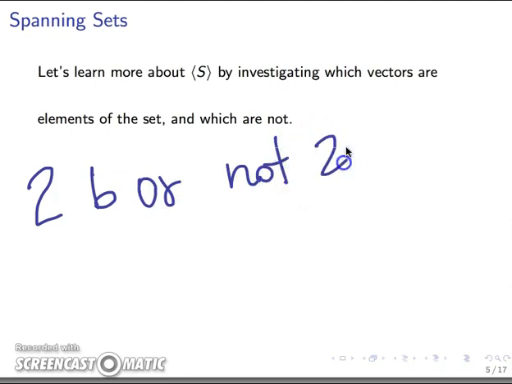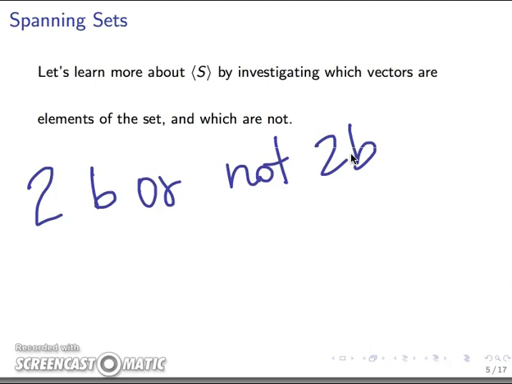Whether an element is a member or is not a member will be another way of translating the type of things we are used to addressing. Specifically, is this vector a member of the solution set of a linear system?